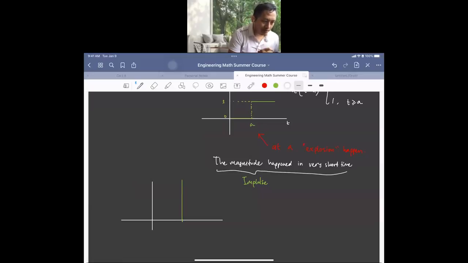Let me write this in terms of t0 to make it clear.